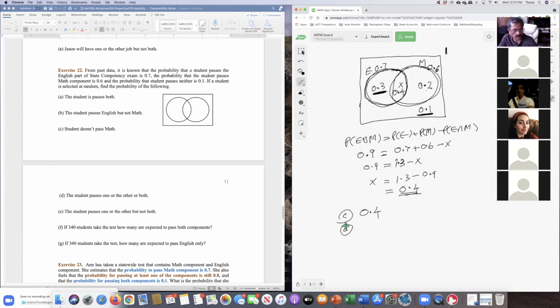One or the other means either English or math. The outside means passing neither, right? 0.1 is the probability for passing neither. Passing one or the other means E union M, isn't it? So that'll be 0.3 plus 0.4 plus 0.2, agree? So 0.9.